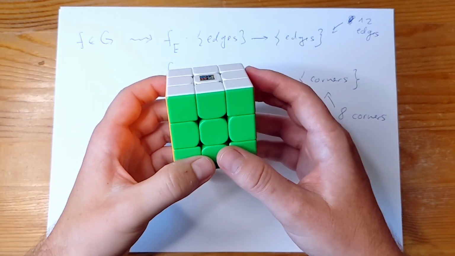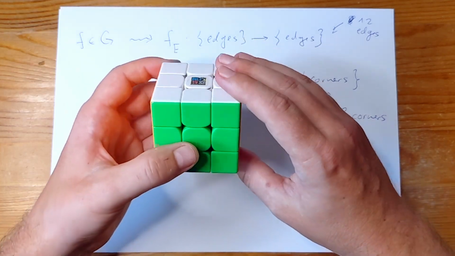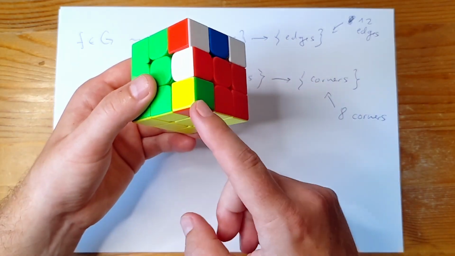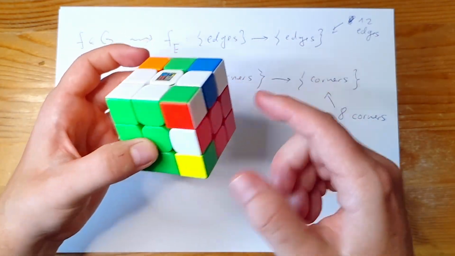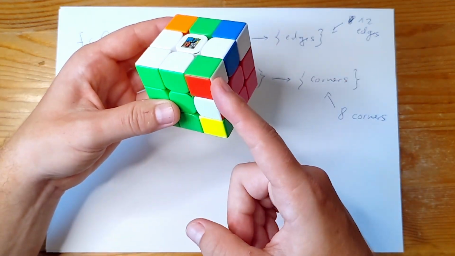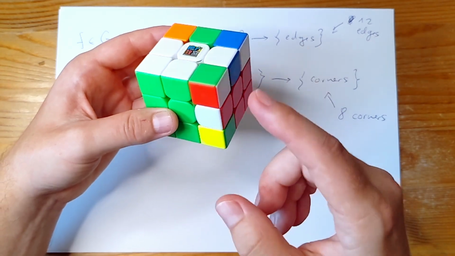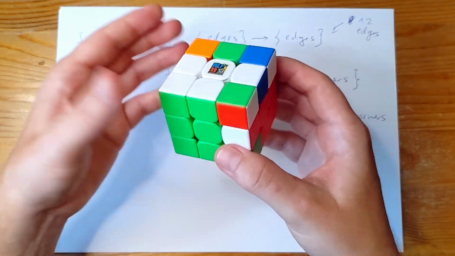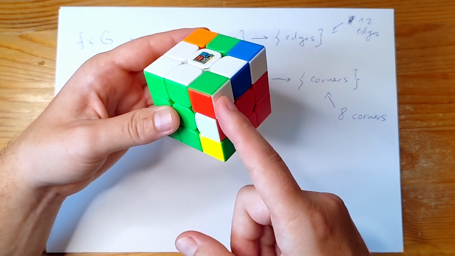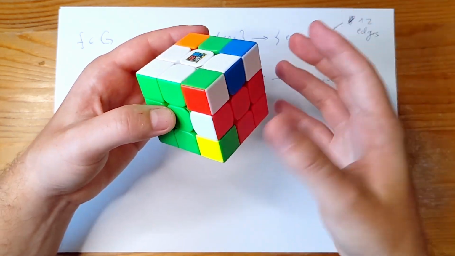And now we need to remember what we did in the last video, namely we showed that, for example, if I do the sexy move 2 times, you see that all corners are in the correct position. So this means that the corner permutation is the identity. This doesn't mean that the permutation has solved the corners, but if I do it 3 times, of course it will be solved, because when the orientation is wrong but the position is correct, I can solve the orientation by just doing it 3 times, at most 3 times.